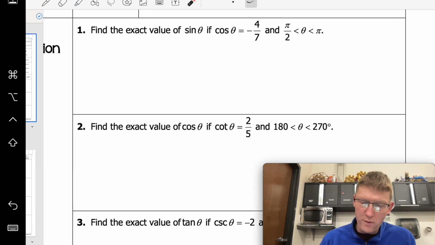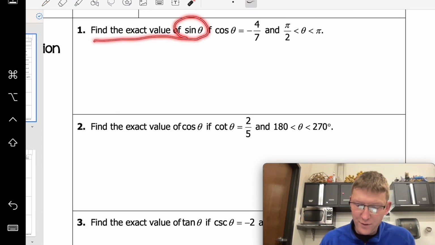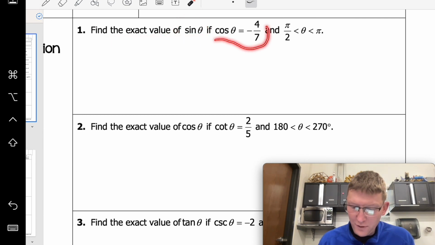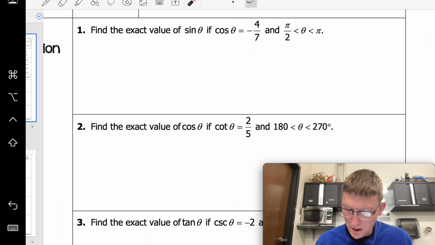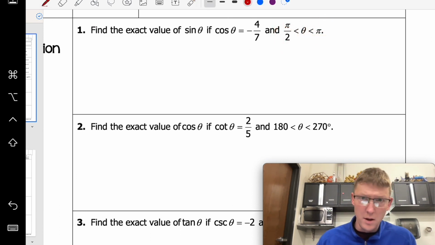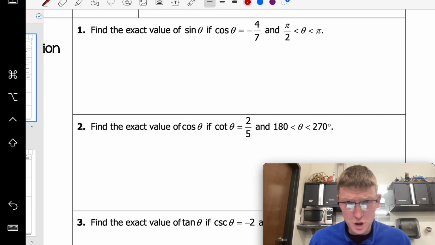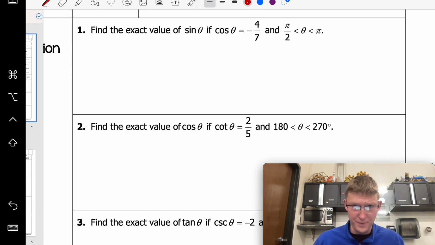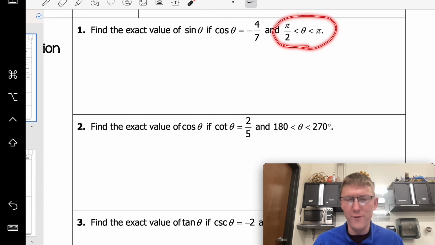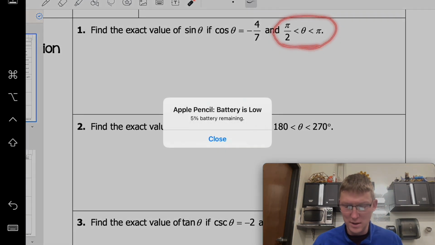Okay, so how do we use these things to solve problems? What we've got here: find the exact value of sine of theta if cosine of theta equals this value, and theta is between pi over 2 and pi. We're going to use our trig identities, and this part we can ignore for now.